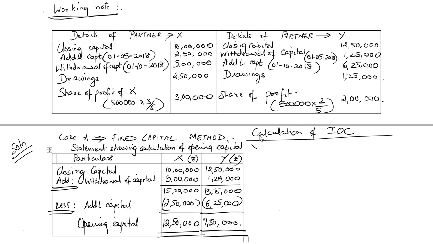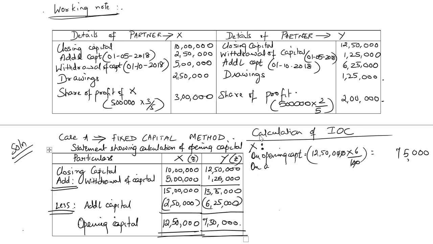We'll begin with partner X. On the opening capital, we need to give for the full year 12,50,000 rupees into the rate, which is equal to 75,000 rupees.